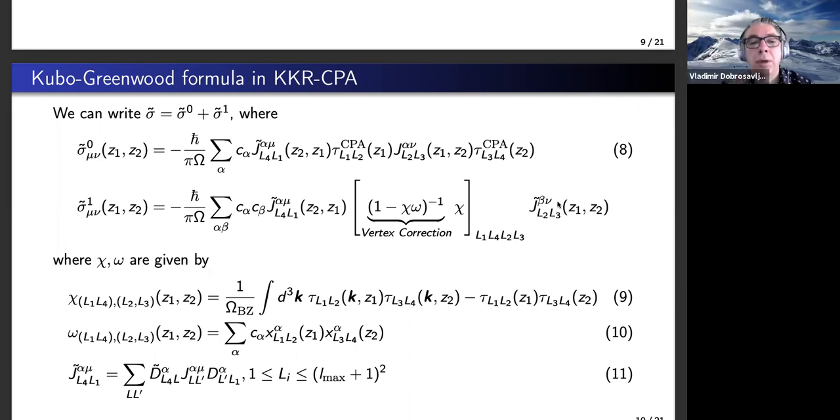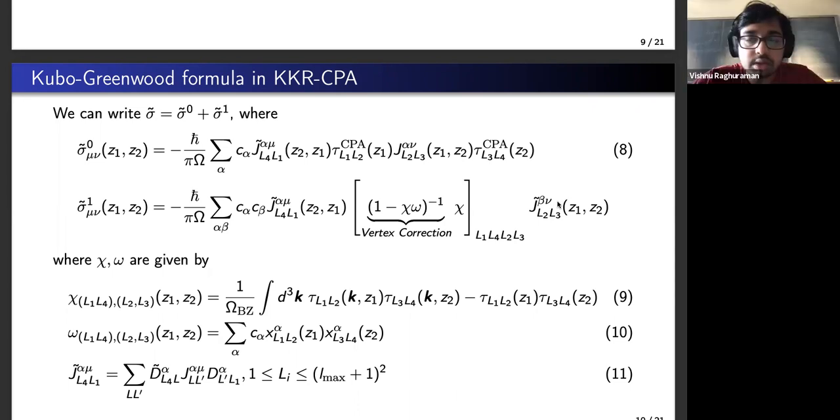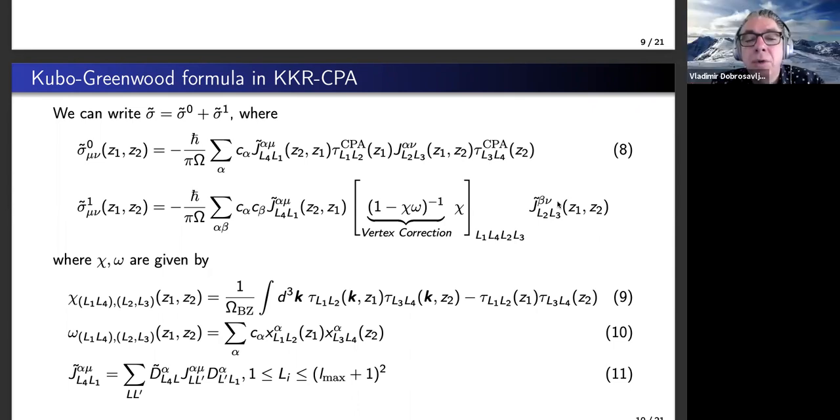I just want to clarify something here. Here there's a sigma 1 with some vertex correction. I'm not particularly familiar with the KKR version, even though I know something about it, but it's more complicated because there are many bands and it's a continuum theory. Now, in the case of a single band model, I just would like to clarify, if you apply the same procedure and you have a single band model, right?